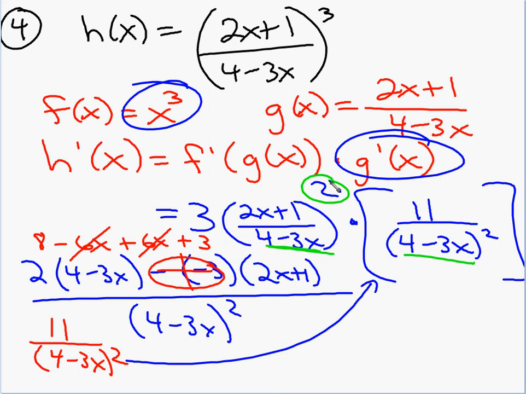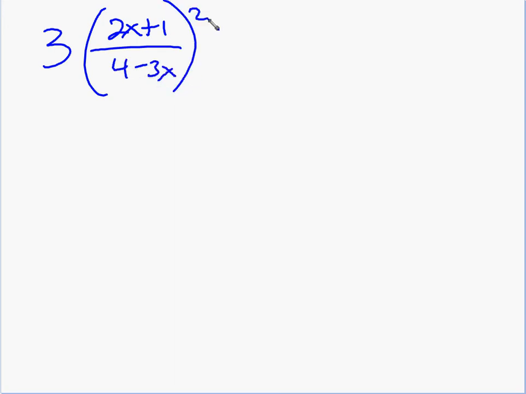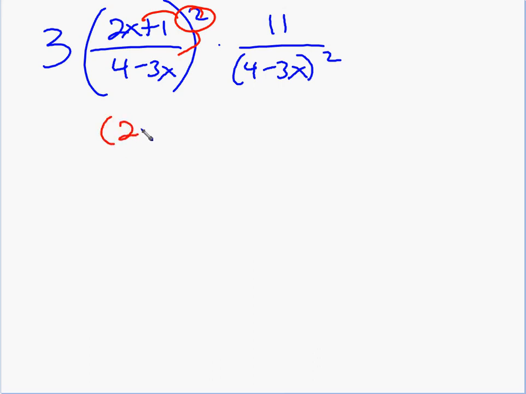Right? So technically what I have right now, I'm going to go to a new page, is right now I have 3, right now I've got this. I'm just recopying it. Okay, I'm just trying to help you get to a cleaner final answer. Well, if I distribute this second power to the numerator and denominator, then I have 2x plus 1 quantity squared over 4 minus 3x quantity squared.